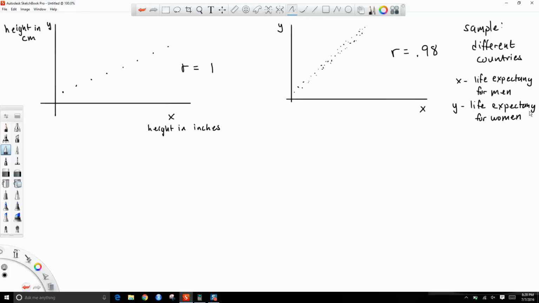And so what the graph shows is that if for a particular country you happen to know the life expectancy for men, you can make a pretty good prediction about the life expectancy for women, okay?